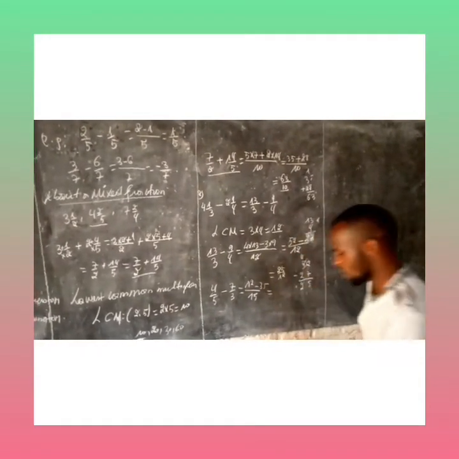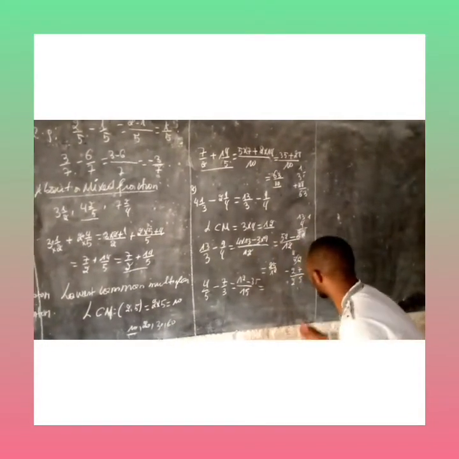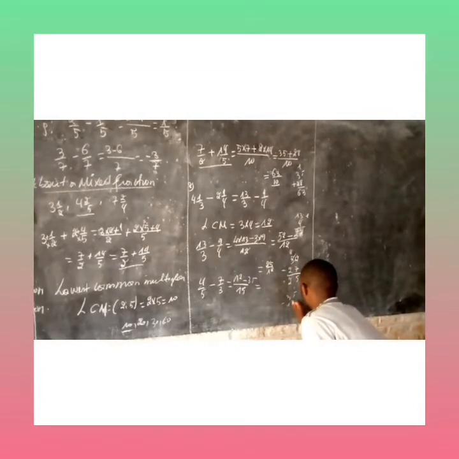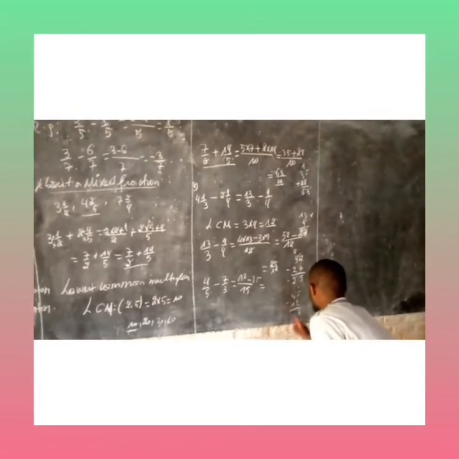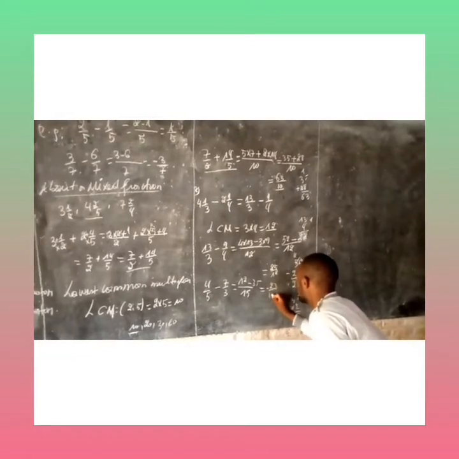So we get 35 minus 12, which is 23. This means that we get negative 23 over 15.